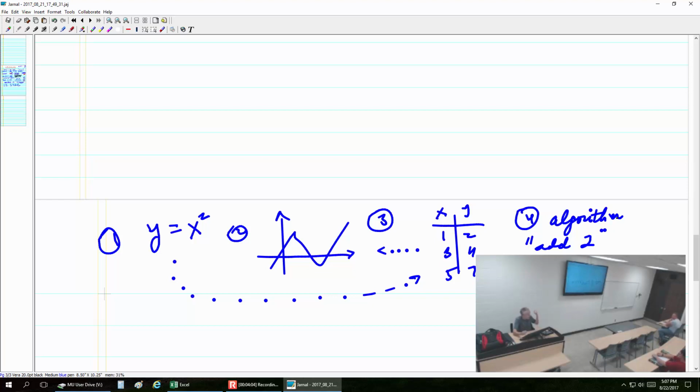And if you have this algorithm like that, add 2 to x. That's y. If you have that description, you can produce a table, right? You just take it's almost what happened here. Well, in this particular case, it was actually add 1 rather than 2. Oops.